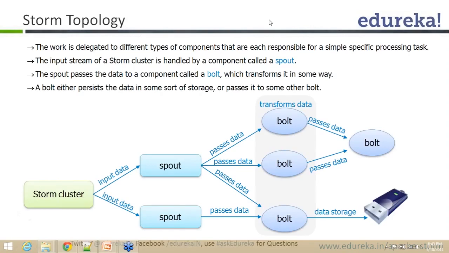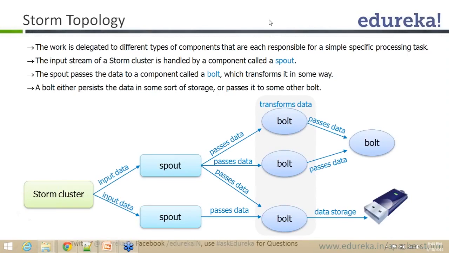It might be Kafka, it might be a JMS kind of thing, it might be some integration directly with an API, let's say the Twitter API, or some other social media API which allows you to take the data in real time.